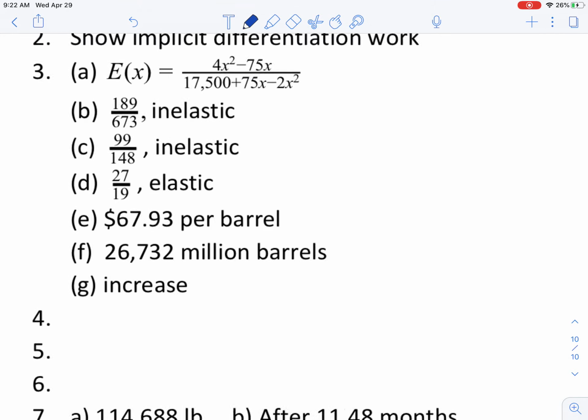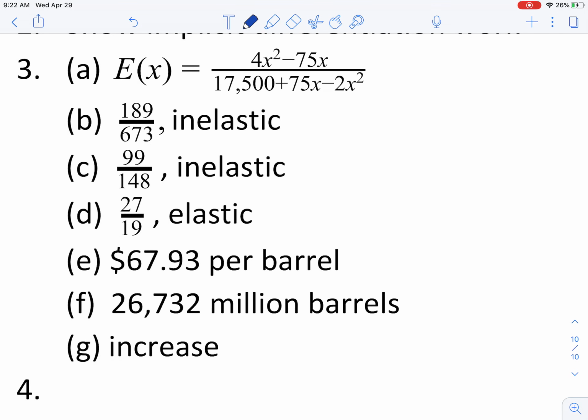Let me see. Is this matching the key that I provided? Yes, 189 over 673. Now, I typed in a fraction, but in decimal, if you just divide the numerator by the denominator, the decimal answer is 0.28.